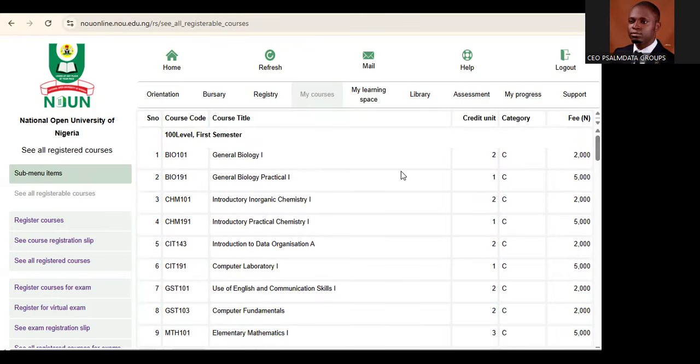First of all, log into your portal, come to see all registrable courses. Those are all the courses you are expected to do before you graduate. Calculate the core courses. Check the core courses with your minimum credit requirement for your program. If it's 120, if it's 144, anything remaining, you must source it from the electives.